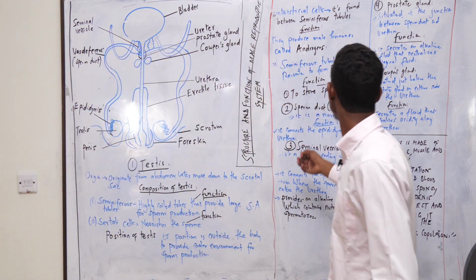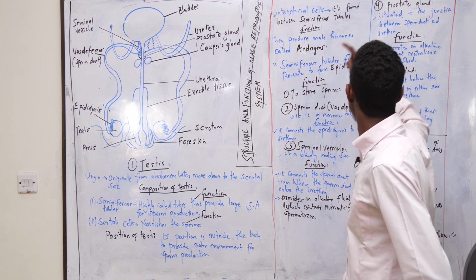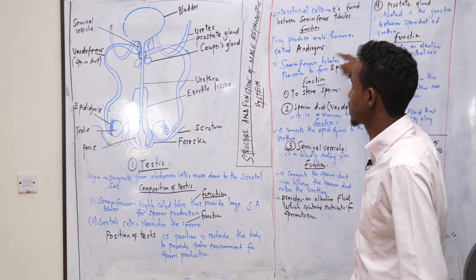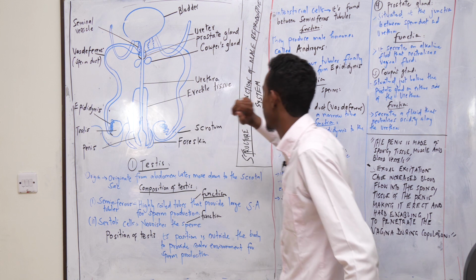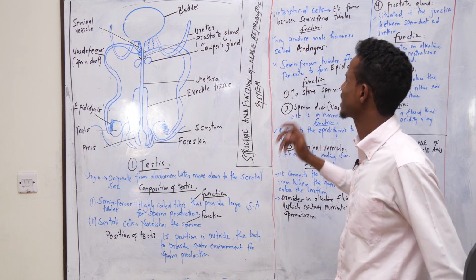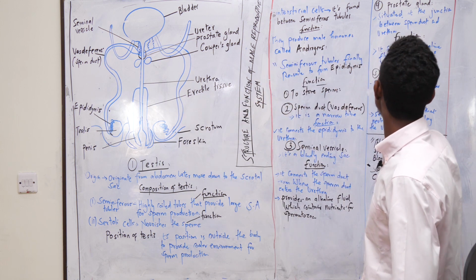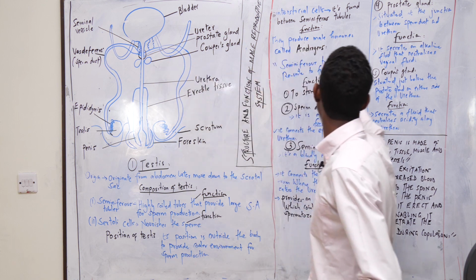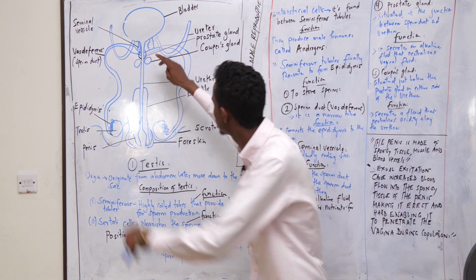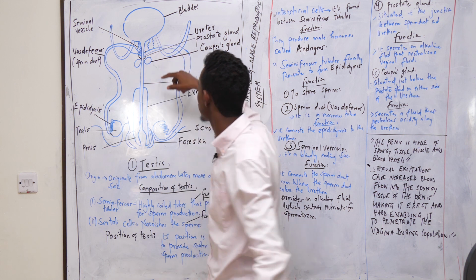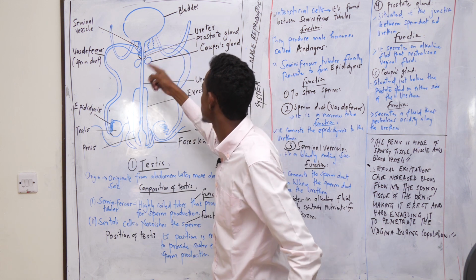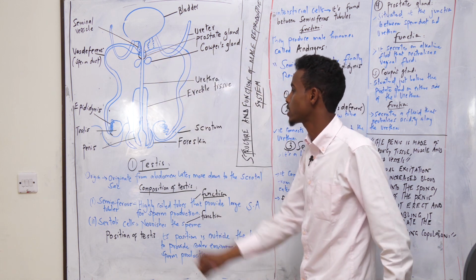Now, let's continue. Again, we can see we have another gland called the prostate gland. Here, this is the prostate gland. It is found at the junction between the sperm duct and the urethra.